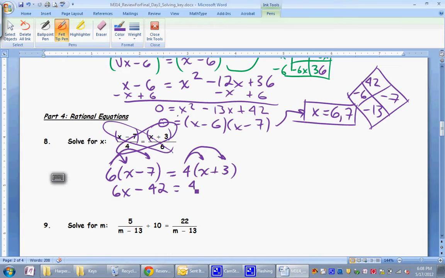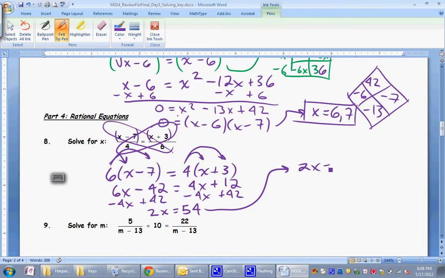Likewise, the 4 gets distributed both to the x and to the 3. And let's see, if we subtract 4x from both sides and add 42 to both sides, I think you end up getting something like 2x is equal to 54. And if 2x is equal to 54, we can divide both sides by 2, and we get x equals 27.